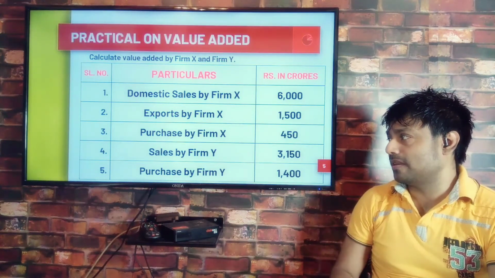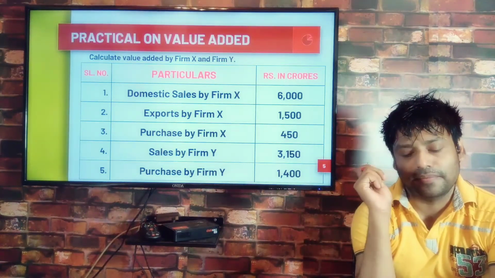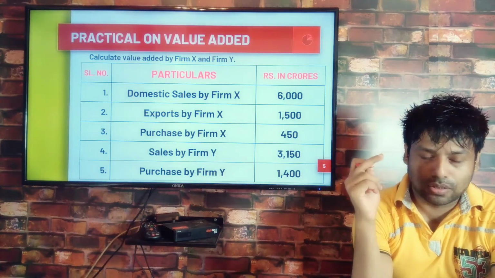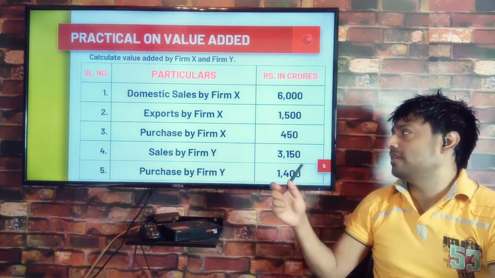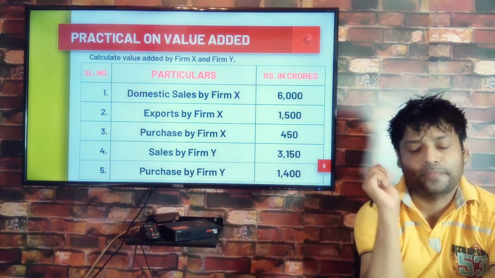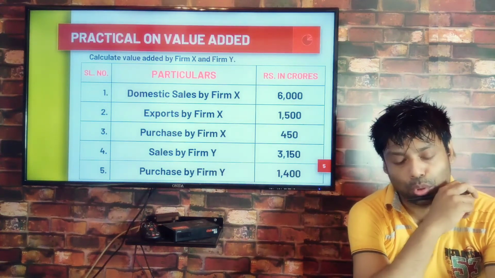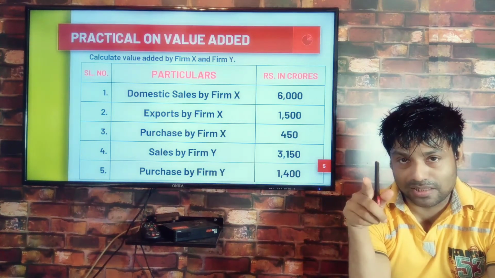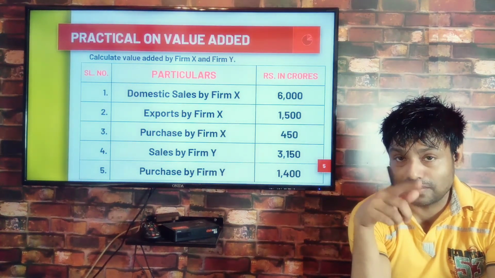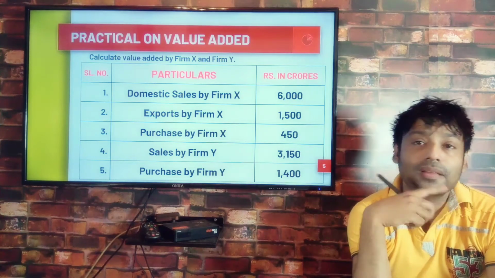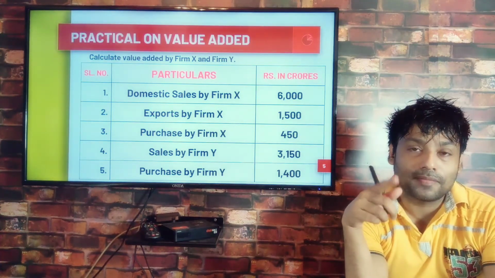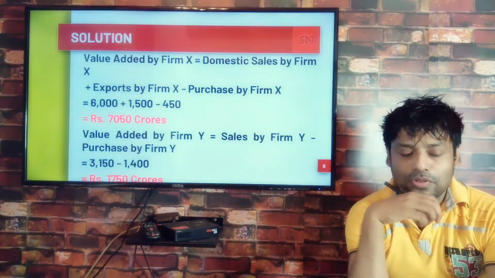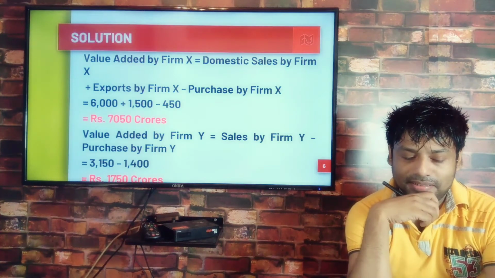Now firm Y purchases intermediate goods worth rupees 1400. Output sale value is 3150. So simply, you have to deduct the purchase by firm Y from the sales by firm Y in order to obtain the value added by firm Y. Here you will be able to see the solution in detail.